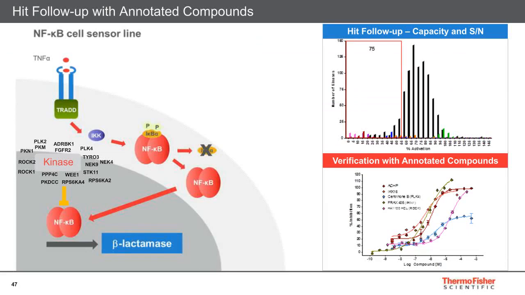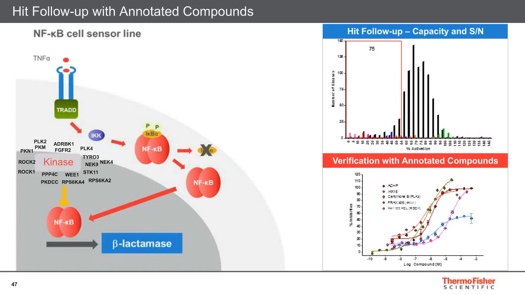So having identified 75 or so hits, they ranged from cell surface molecules to molecules involved in cell cycle regulation. We did confirm some of the hits using small molecules.